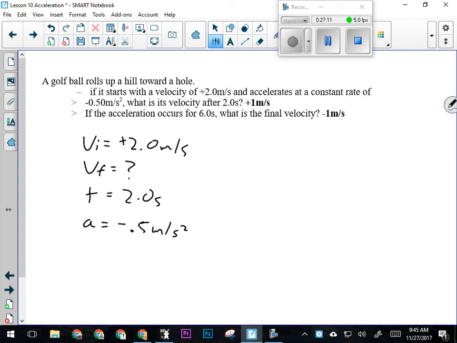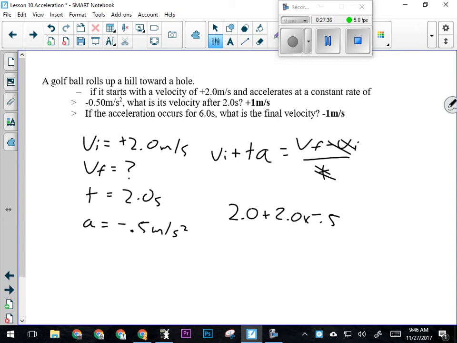second squared. So A equals VF minus VI over T, and I'm looking for VF, so I'm going to multiply both sides by T, and then add VI over here. That'll give me VF. So VI we said was positive 2, plus the 2.0 times negative 0.5. Everybody follow there?